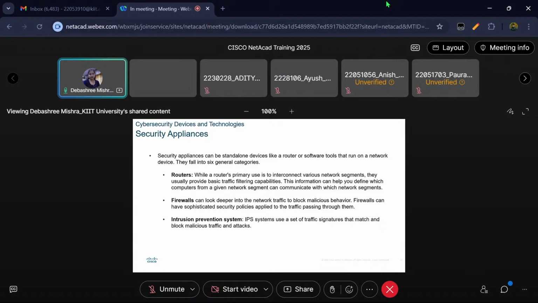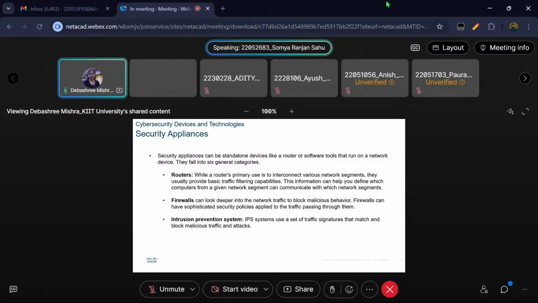When we go deeper into network traffic to block any kind of malicious activity or behavior, the firewall comes into consideration. It has sophisticated security policies applied to the traffic passing through it. There are certain protocols the traffic needs to follow so that the firewall can track it. The next is your intrusion prevention system.